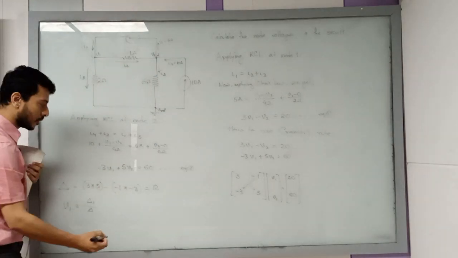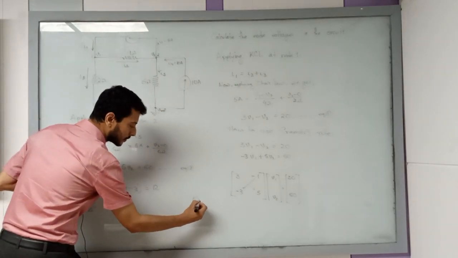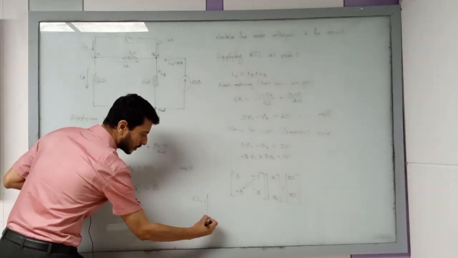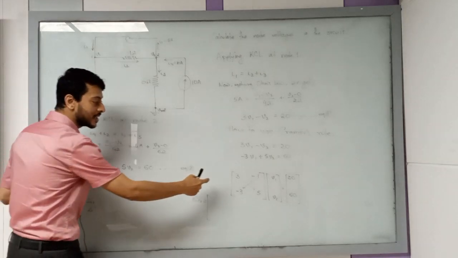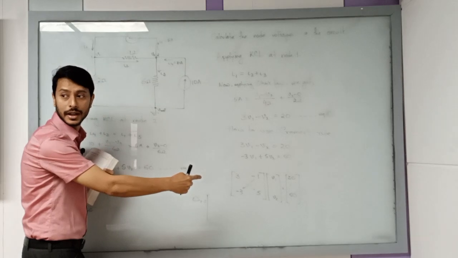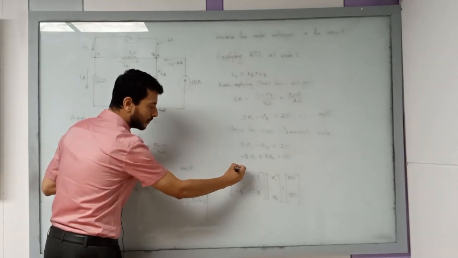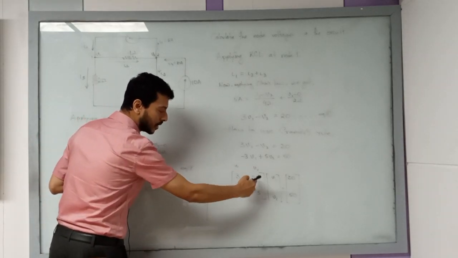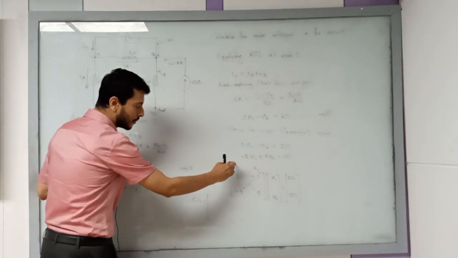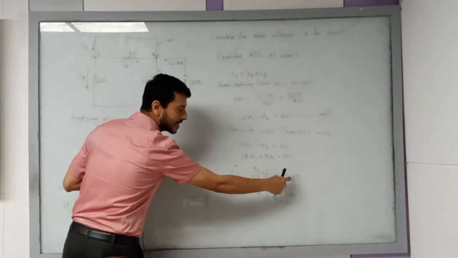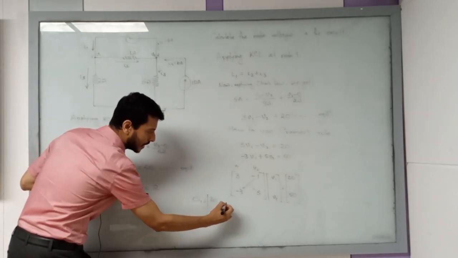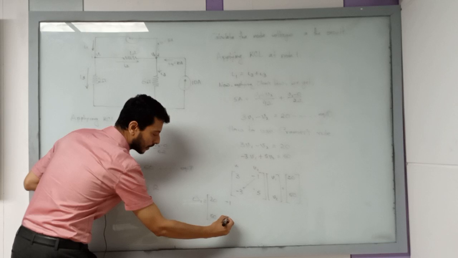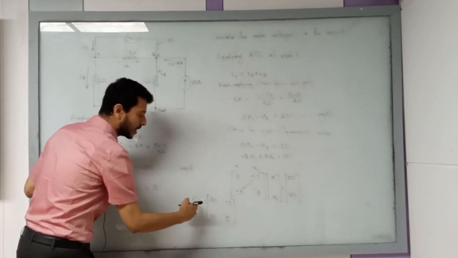Okay, so which voltage you are trying to find? v1, so you have to replace this v1 column by this constant values 20 60, আর এদিকেরটা সেম থাকবে. So this is del 1.